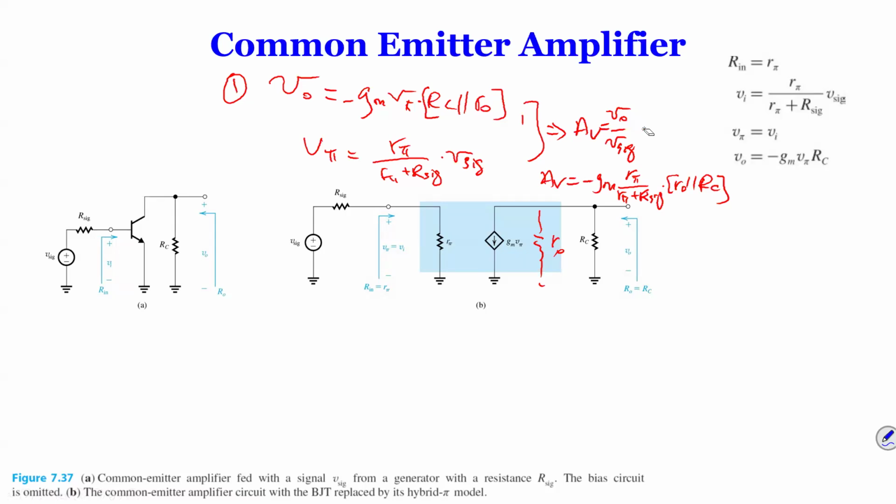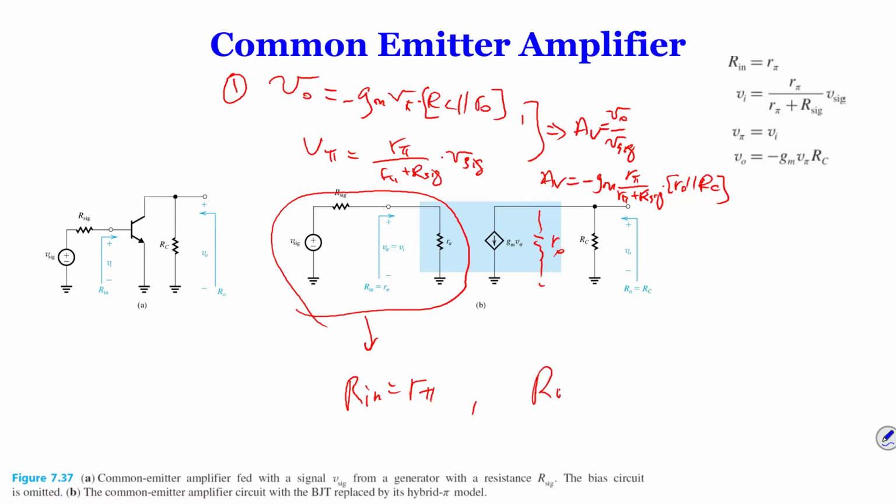We did this many times. I just recap so you guys recall what we have. And then for the whole overall circuit, we're going to look at the input resistance and output resistance. If you look at this part of the circuit, you can clearly see that R in equals R pi. And we did that also in the previous slide.